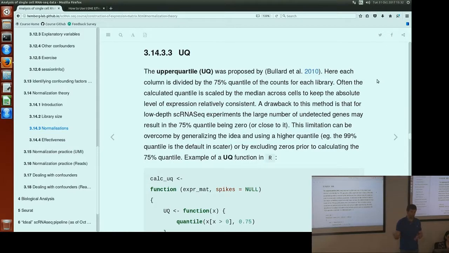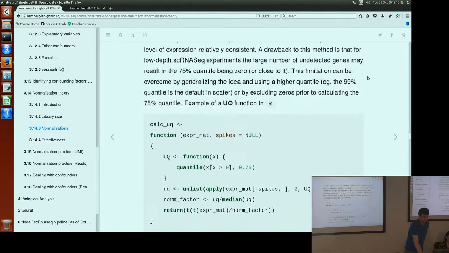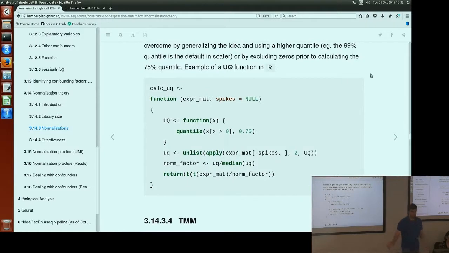Of course, you could overcome that to some extent by generalizing the idea and using a higher quantile, like 99%, which is the default applied in SCADA, or by excluding zeros prior to calculating the 75% quantile. But again, this is a case where just porting across the ideas that were successful in bulk RNA-seq don't necessarily work as well in single-cell RNA-seq.